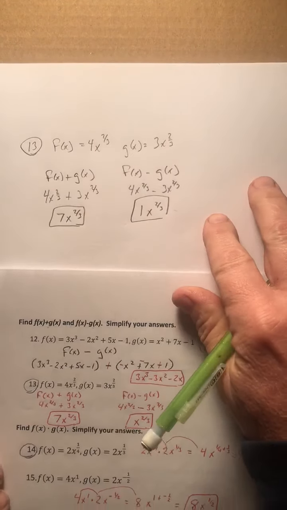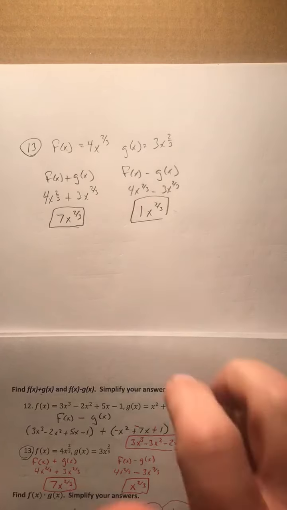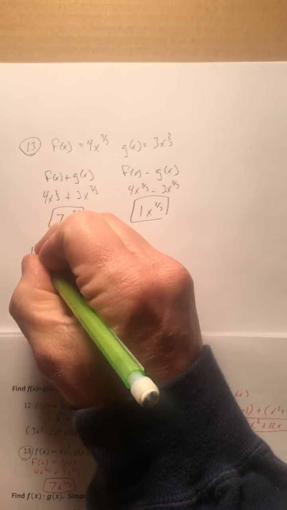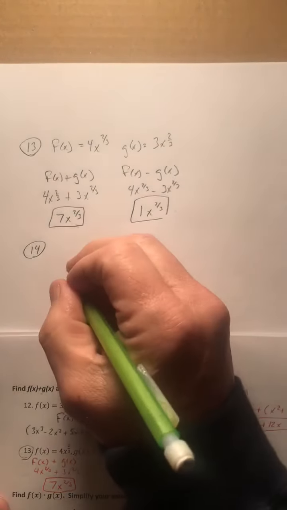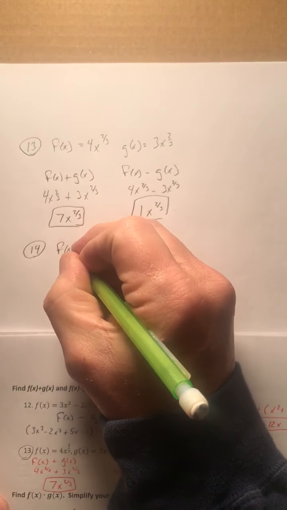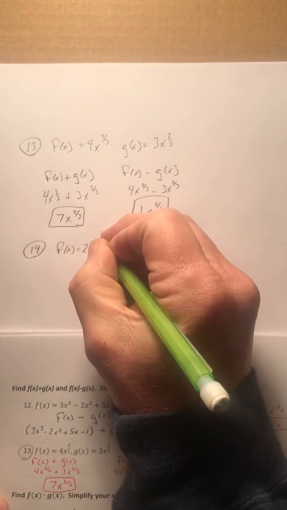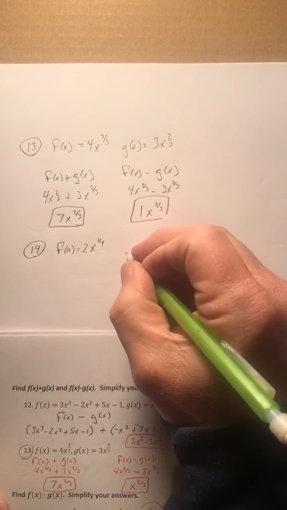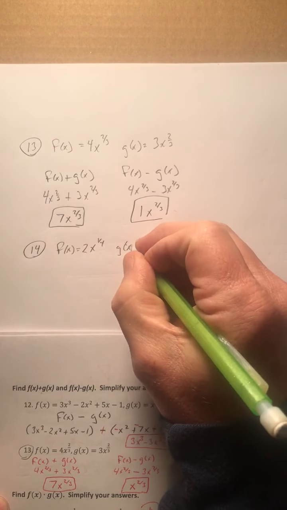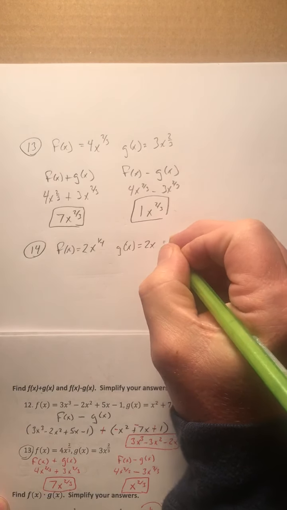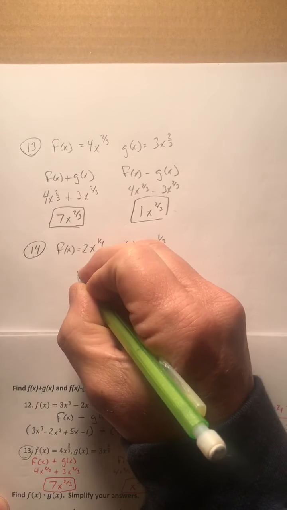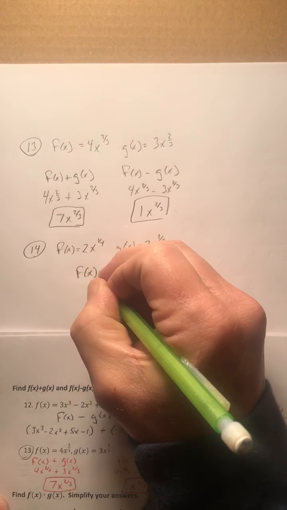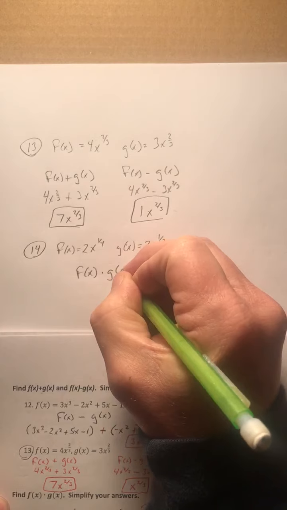The next one was number 14. We got f of x is equal to 2x to the 1/4 power, and g of x is equal to 2x to the 1/3 power, and we have to do f of x times g of x.